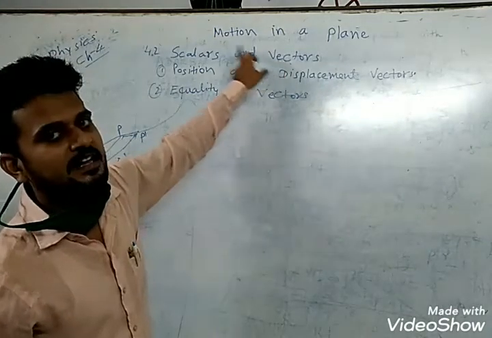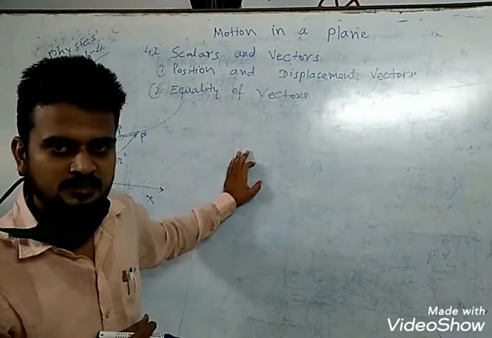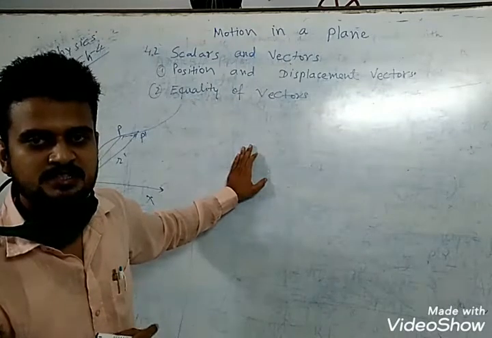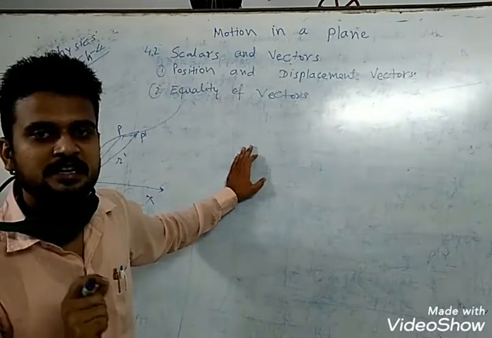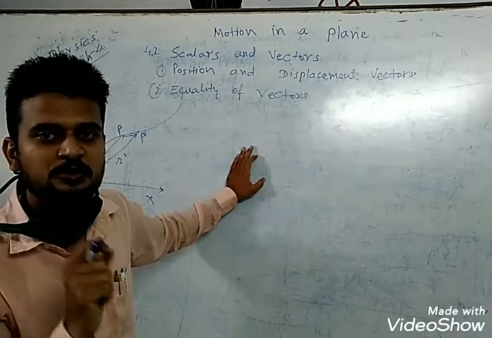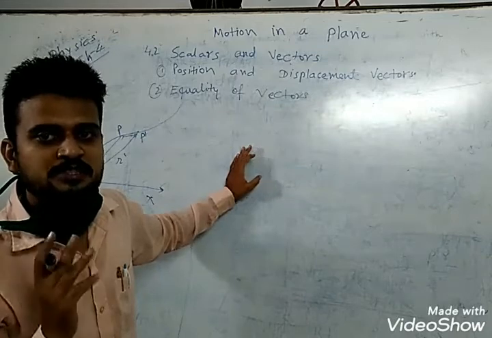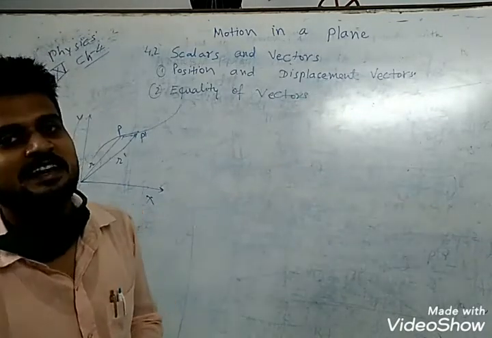Now, we know that speed is a scalar quantity, not a vector quantity, because speed depends only on magnitude. Speed is always a positive value. Distance is always positive, not negative.